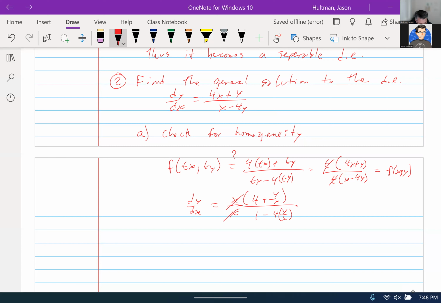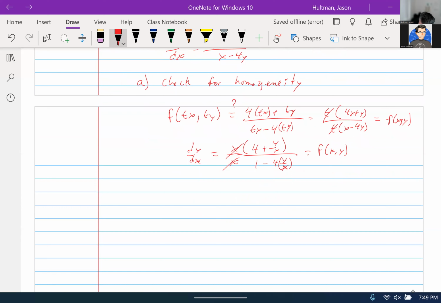So if f of xy only depends on y over x, that's the only variable that we're dealing with. So we know it's homogeneous at this point, so we're pretty convinced of that.